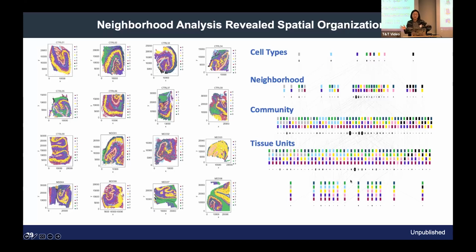So without knowing anything about the hippocampus, even though you are cutting at slightly different levels and different orientations, this cell composition can tell you what the conserved layers in the neuroanatomy are.